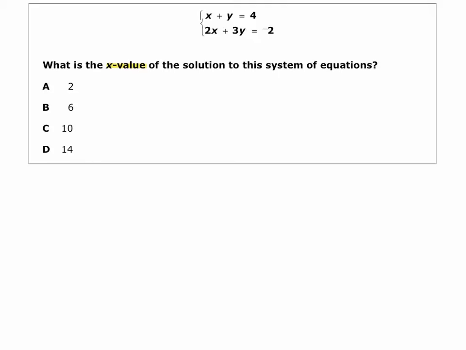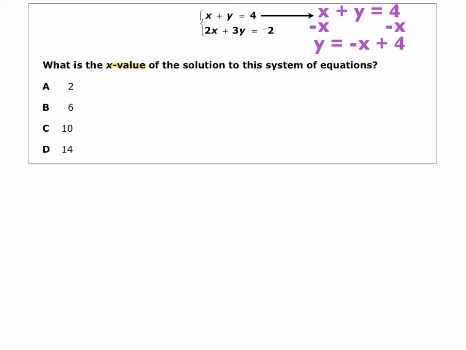Even though one of these does not already have a variable isolated, I can take this first equation, x plus y equals 4, and I can solve for y by subtracting x from both sides. When I do that, I get y equals negative x plus 4. You can also have 4 minus x. It doesn't matter.